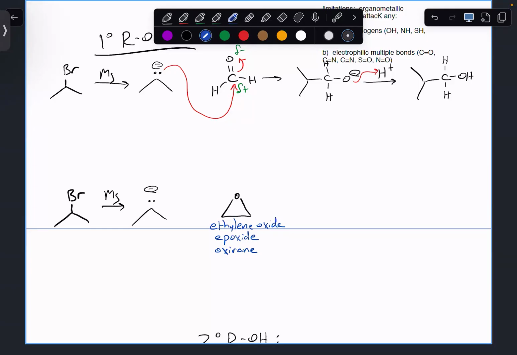So what's going to happen here is the Grignard reagent is going to come in and attack one of those carbons, and the thing's going to pop open.